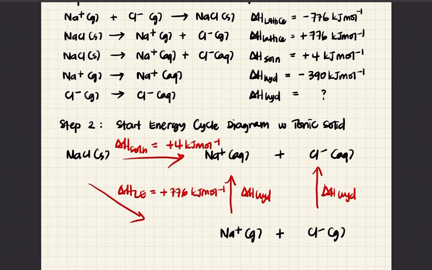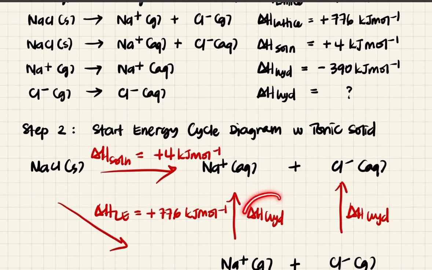So you need to change this arrow towards your ionic compound, and then you also need to change the sign. So you need to be aware of that. But in the end your answer will still be the same, but you need to use the clockwise equals anti-clockwise rule.